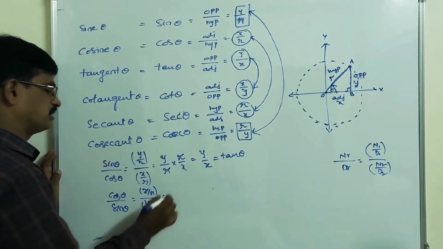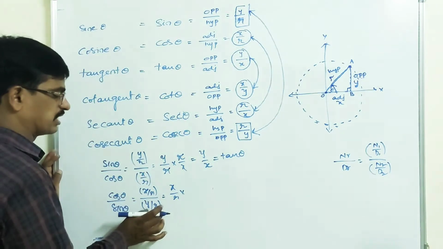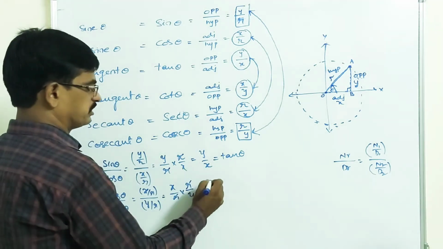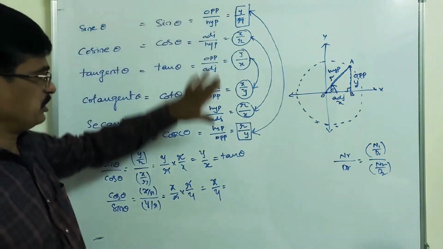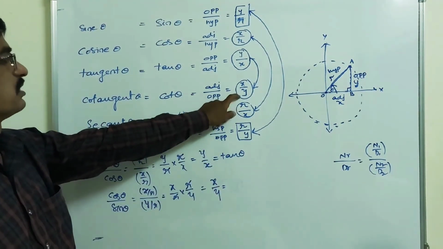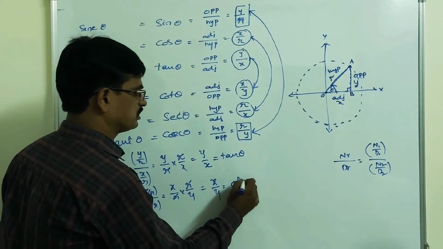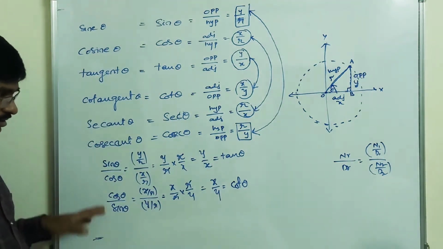Then x by r into the reciprocal of y by r, that is r by y. Now r cancels out, then x by y. So in these 6 ratios, x by y is cot theta.